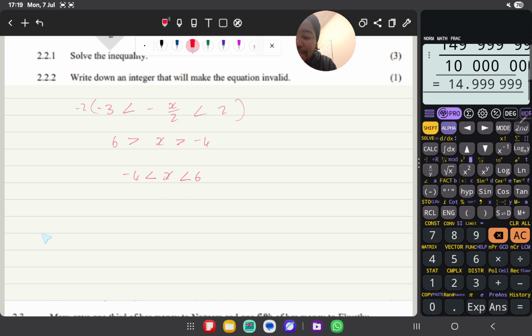So that integer is going to be anything that is smaller than or equal to minus 4, and anything that is greater than or equal to 6.